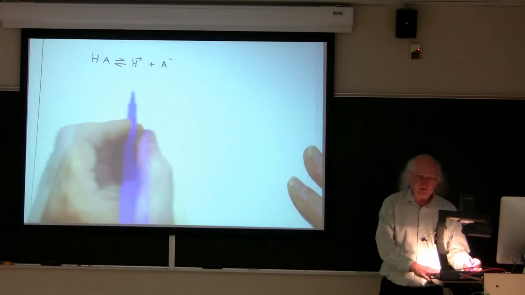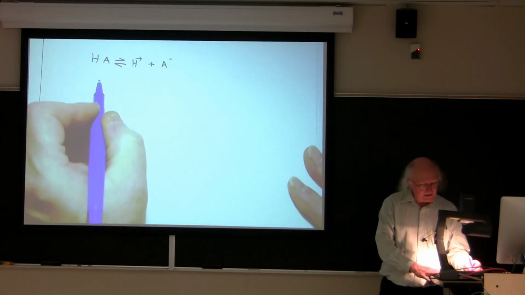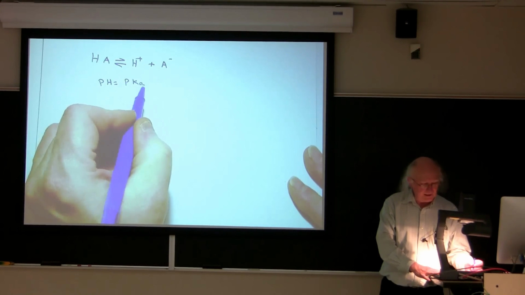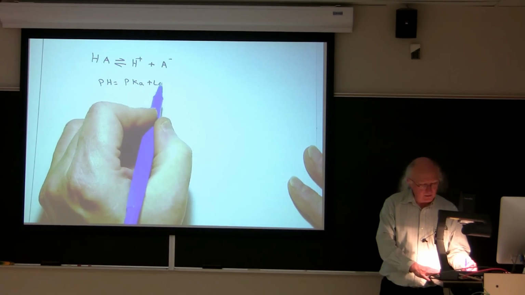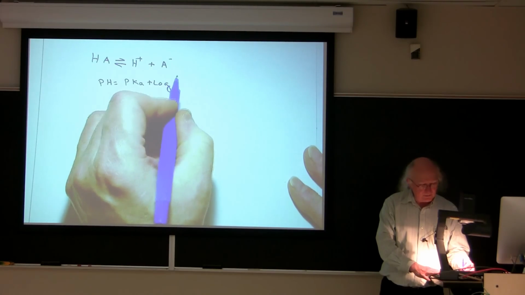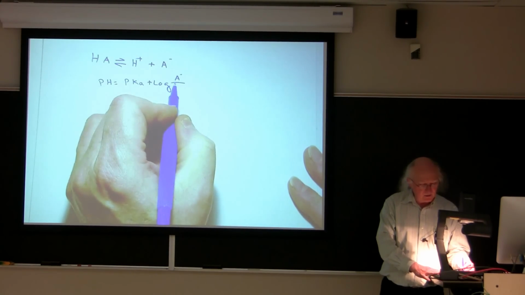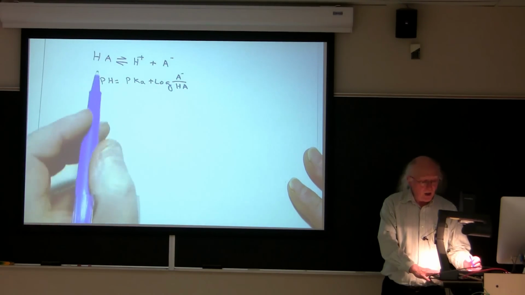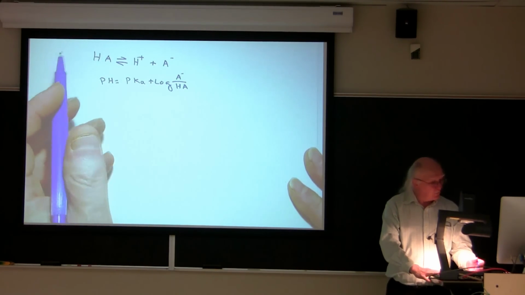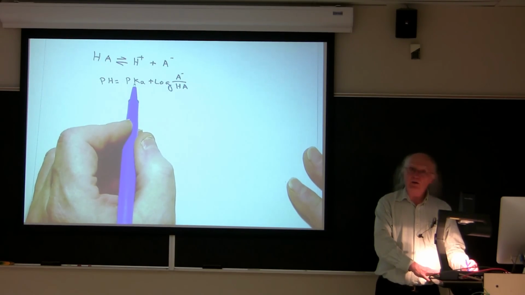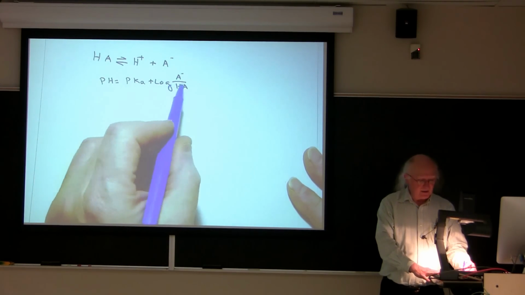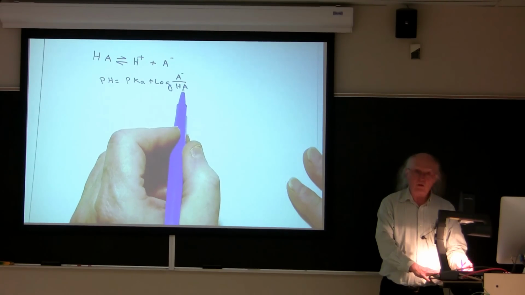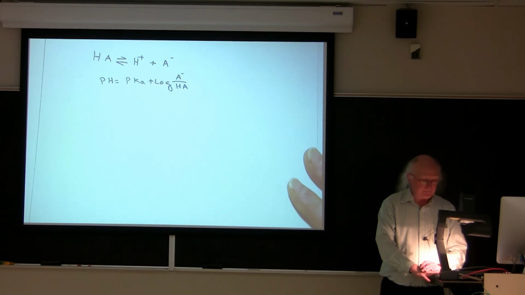The Henderson-Hasselbalch equation relates these things and says that the pH is equal to the pKa of the weak acid plus the log of the salt, which in this case is the A minus, all over the weak acid itself. Now, the question was asking us, why, if the pH is below the pKa, is this ratio such that there's more of the weak acid than there is of the salt?